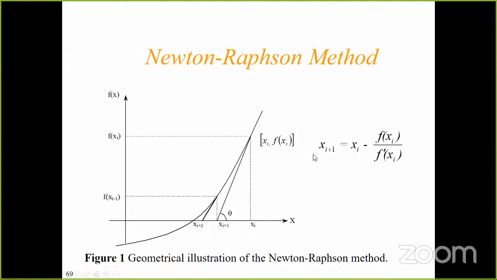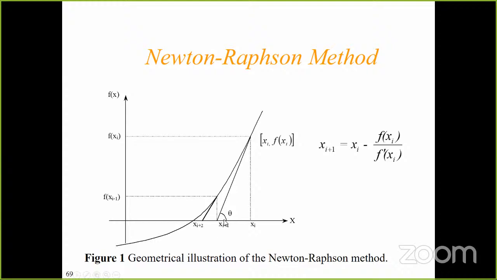The new value can be estimated in such a way. Xi plus 1 is equal to xi, the value of xi, minus the value of the function at xi over the derivative of the function at xi. The derivative of the function is nothing but the tangent drawn to that function. If you draw a tangent to this function at xi, this tangent line meets the x-axis at some point.